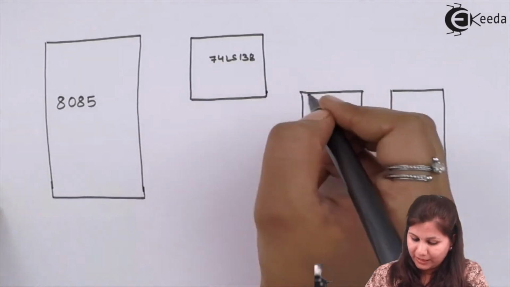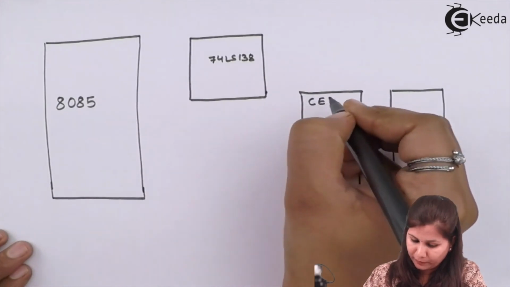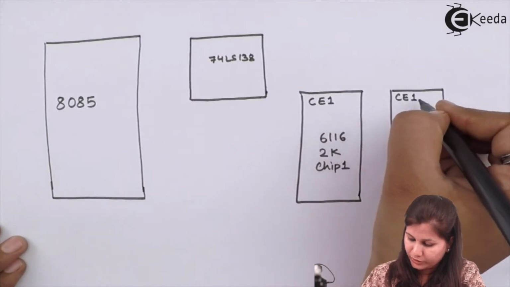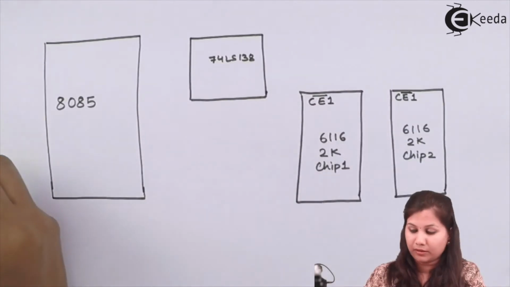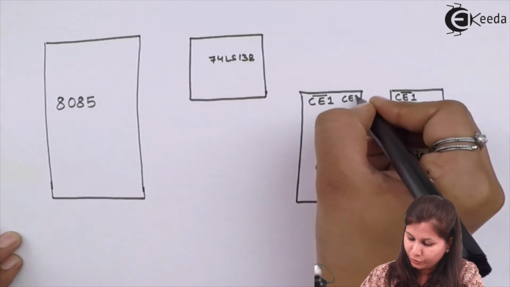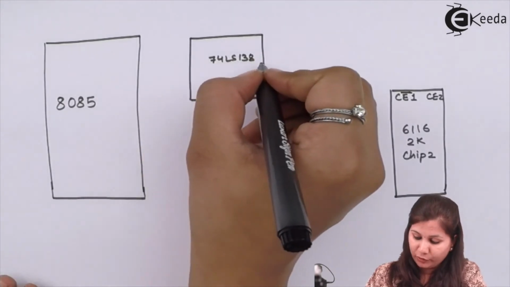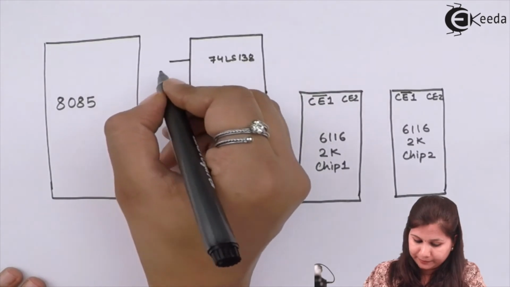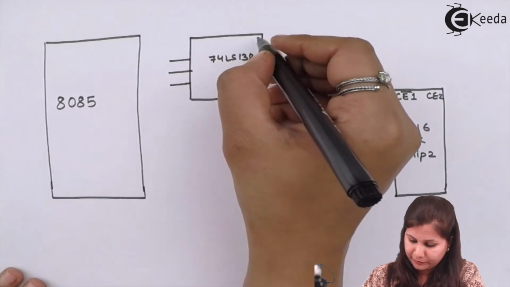Now these chips have select lines, also known as chip enable lines. Chip enable line 1 is an active low line. These chips also have another chip enable line 2, which is active high. Now this 74LS138 is a 3:8 decoder, so 3 input lines and 8 output lines are there.